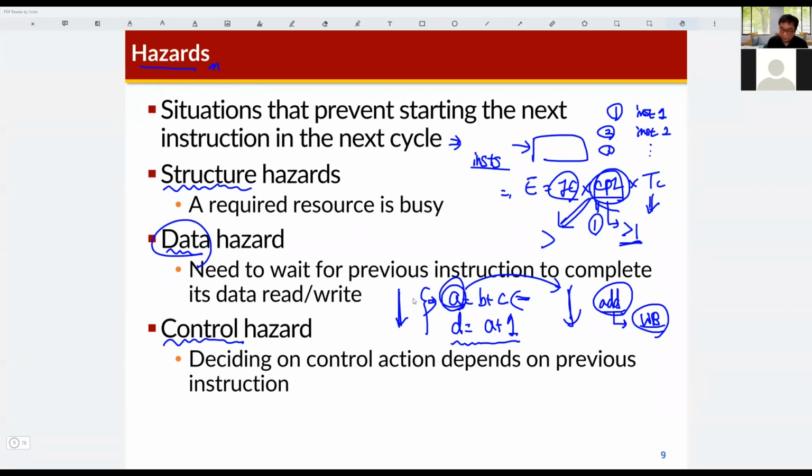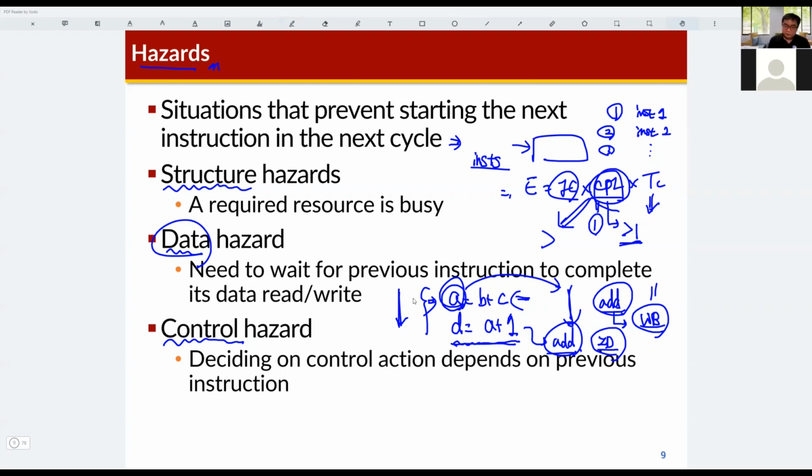But this statement will also be translated into an add instruction, and this add instruction will read data at the ID stage. That is the second stage of the pipeline architecture. Because of this different timing, when this instruction requires data in the ID stage, this data does not exist in the register file because the write back stage is the last stage of the pipeline design.